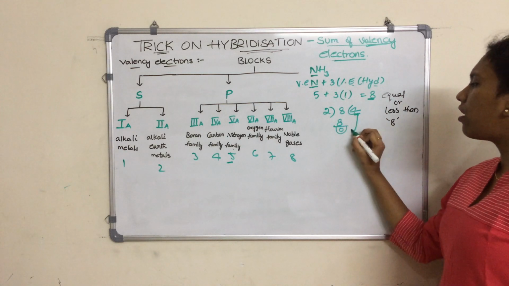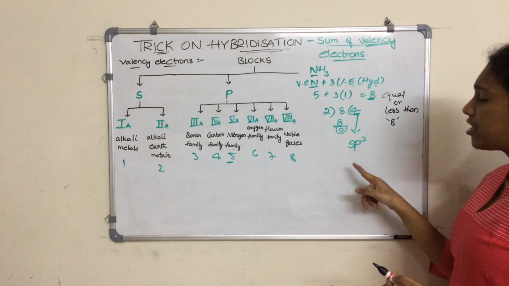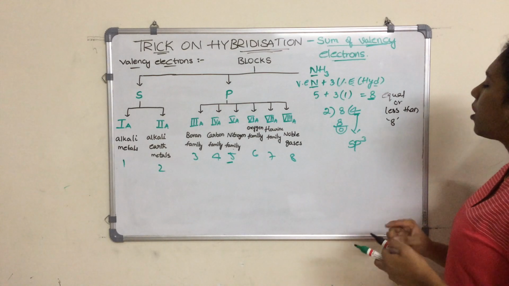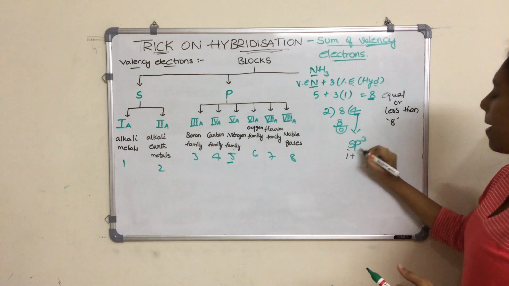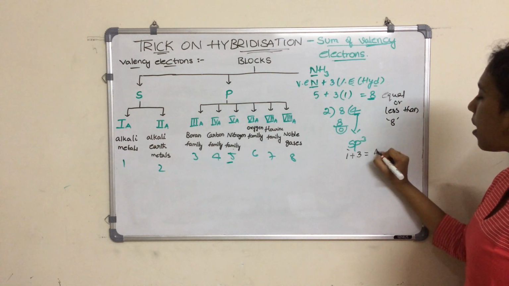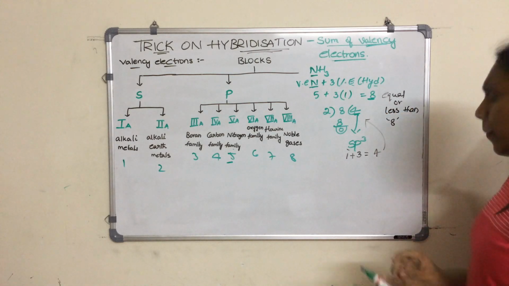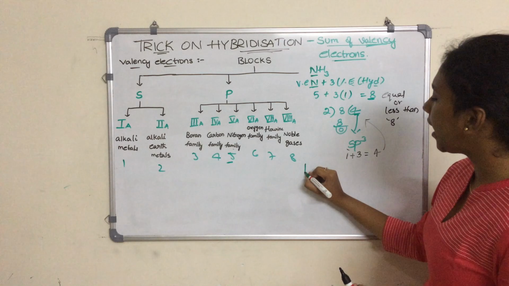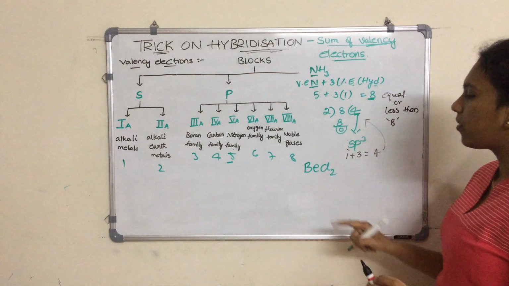So 4, that is sp3 hybridization. Why sp3 and not sp2? Because here there is one s orbital plus 3 p orbitals, which gives the sum 4, that is this 4.